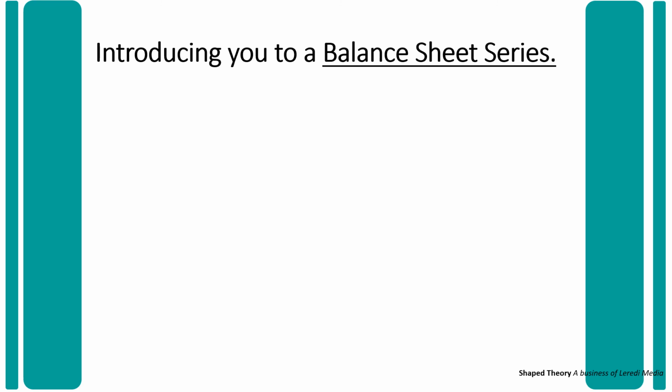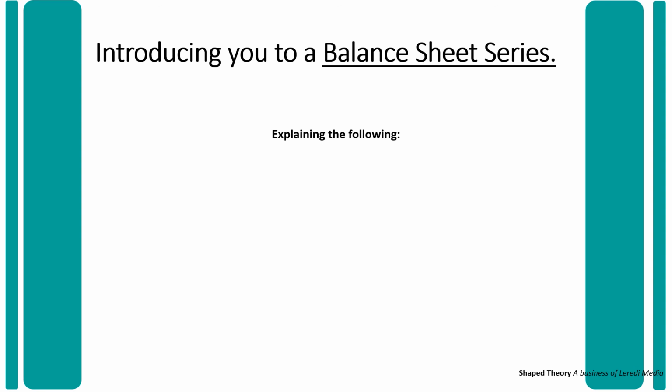As I've said in the previous slide, at Shaped Theory we took a decision to introduce to you a balance sheet series that we will be presenting in the upcoming weeks. Please check the next videos so that you can understand all the items that are in the balance sheet. But you also have to bear in mind that we will only be giving you common items that you see in the balance sheet, and then it will be your duty to go and look at all the other items.